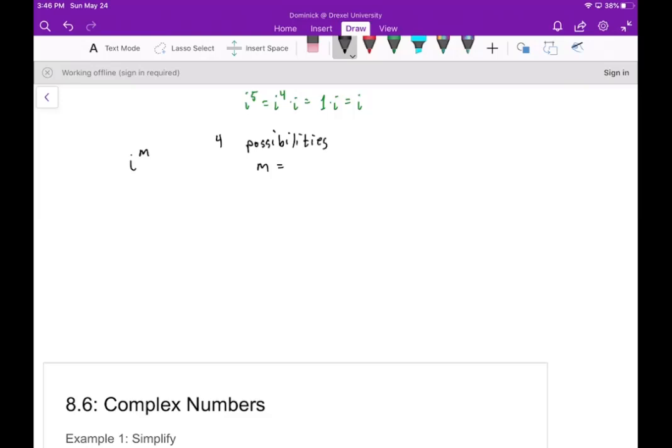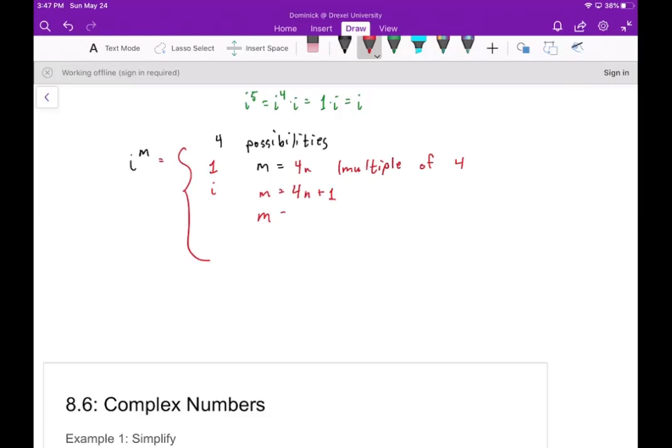If the exponent is a multiple of 4, let's say 4n, then you're just going to get 1. If it's a multiple of 4 plus 1 more, then you get i.